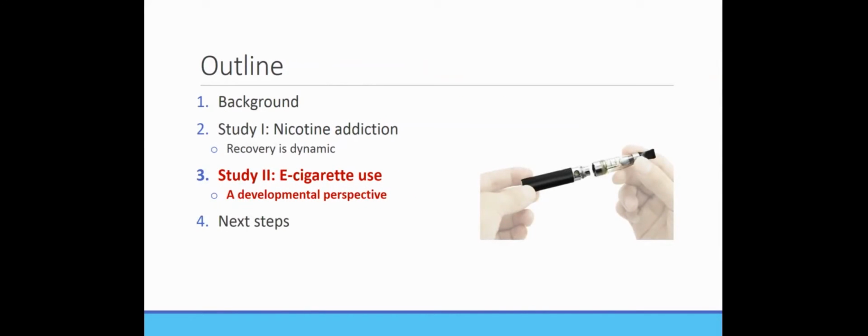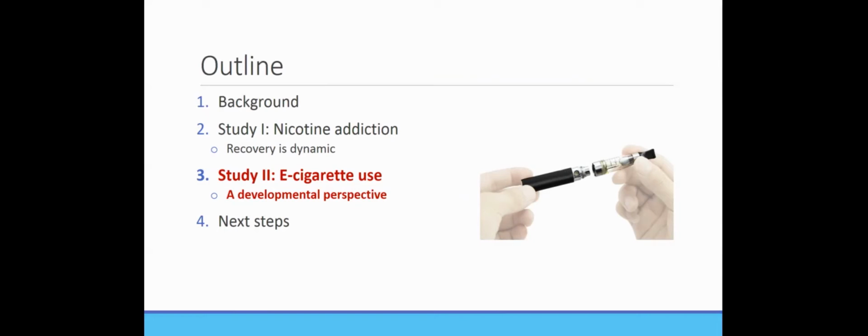Okay, great. So let's step back out for a minute. That was an example of how TVEM can shed light on dynamic processes, in this case, modeled with data that were intensively assessed within individuals. Now we're going to step back and look at e-cigarette use in adolescents today and take a very developmental perspective.